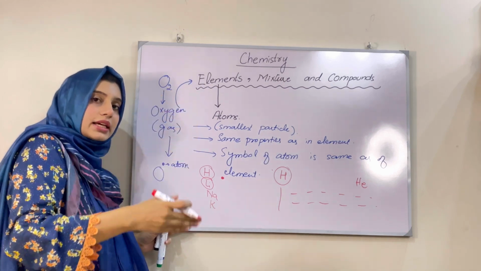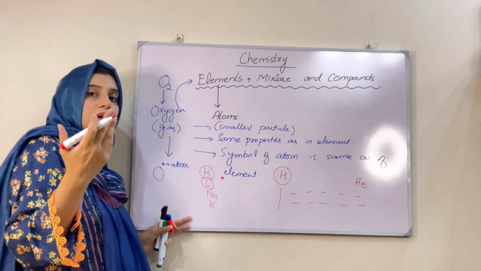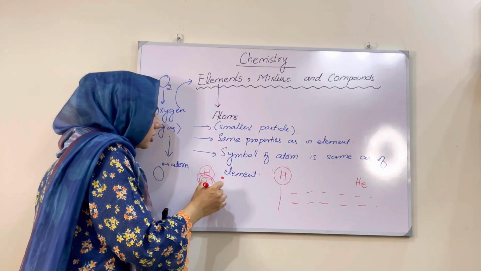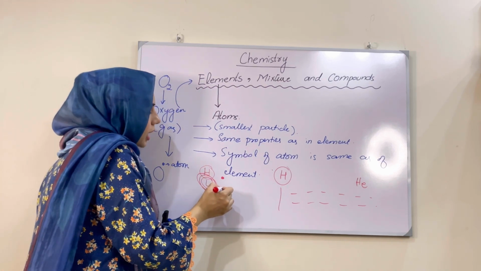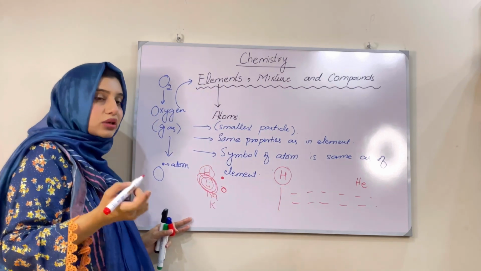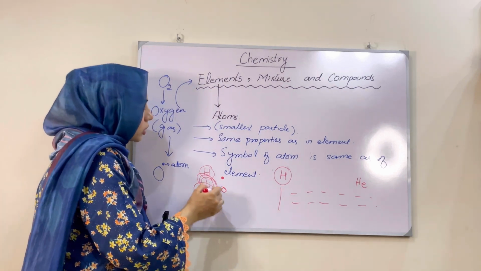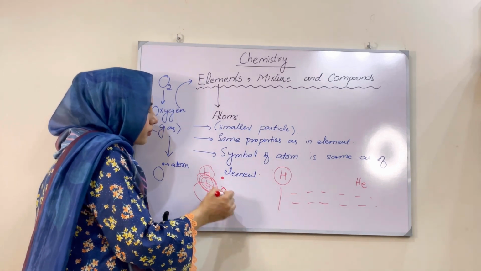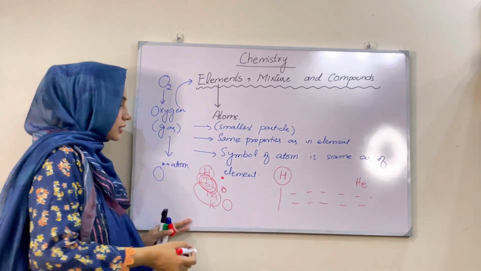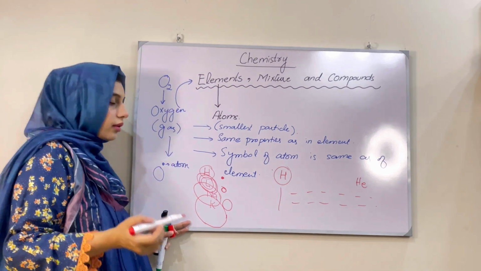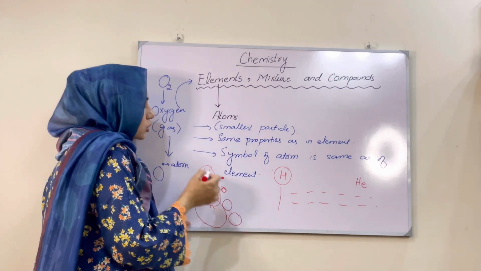When we move down the group, the size of the element increases, so the size of lithium is increased and the atom of lithium is also bigger. Then we have sodium, the size is going to increase, so the atom is also of bigger size. Then we have potassium, the size has increased more, so the size of the atom is also increased.